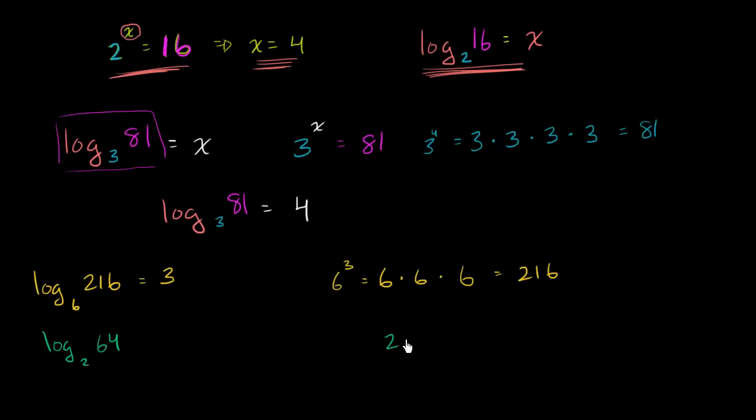So 2 to the first power is 2, 2 to the second power is 4, 8, 16, 32, 64. So 2 to the 6th power is equal to 64. So when you evaluate this expression, you ask, what power do I have to raise 2 to get to 64? I have to raise it to the 6th power.